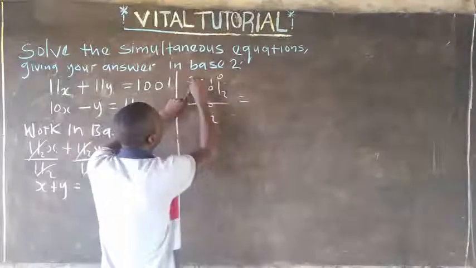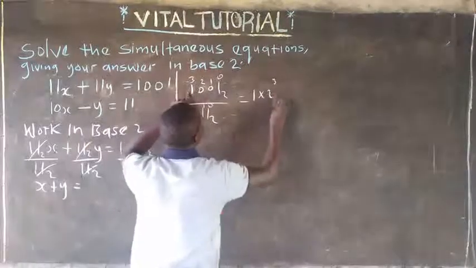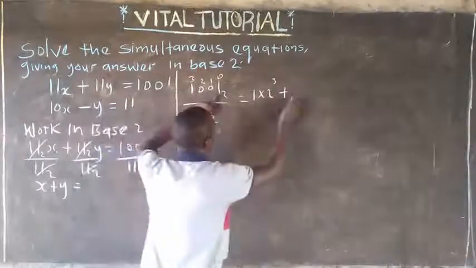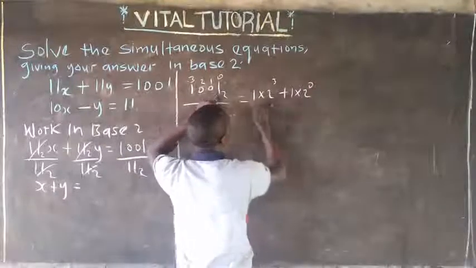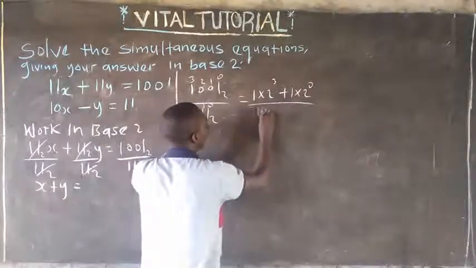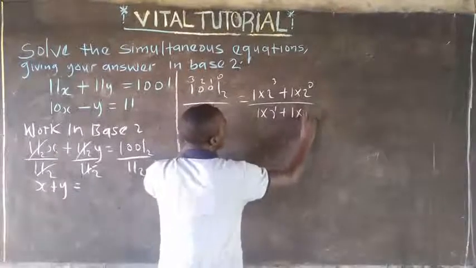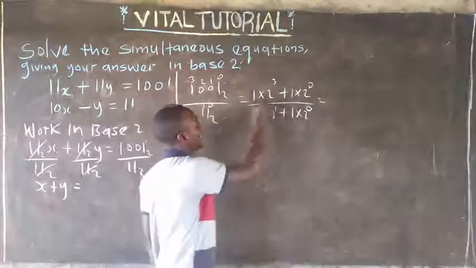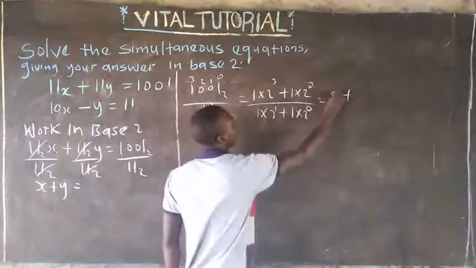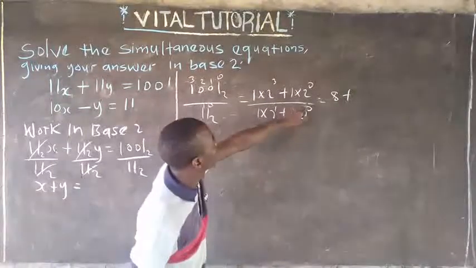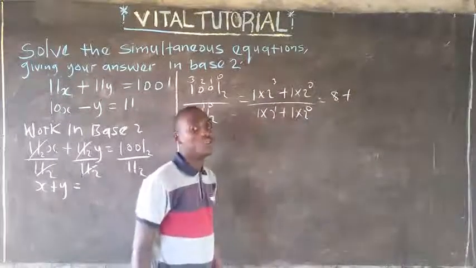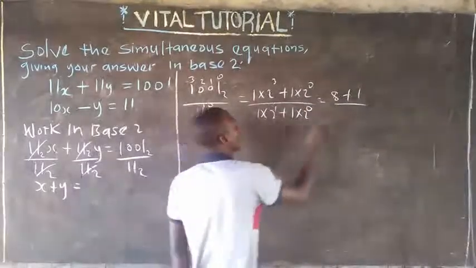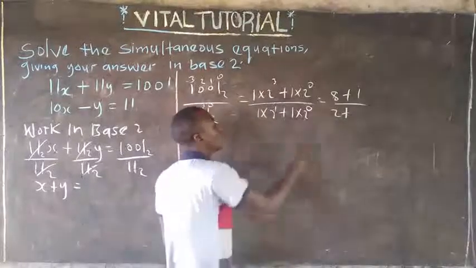So 1 times 2 to the power of 3, plus, I told you anytime you find 0, just neglect that. So just come here, 1 times 2 to the power of 0, over 1 times 2 to the power of 1 plus 1 times 2 to the power of 0. 2 to the power of 3 is 8. 8 times 1 will give us 8, plus 2 to the power of 0, which is 1. 1 times 1 is 1, over 2 to the power of 1 is 2. 2 times 1 is 2, plus 2 to the power of 0 is 1. 1 times 1 is 1.